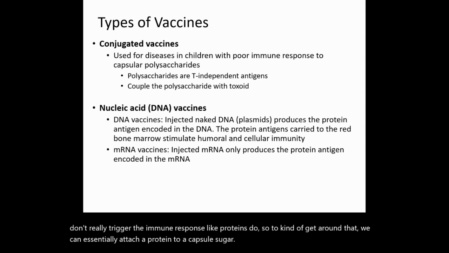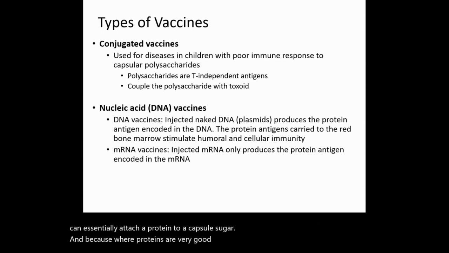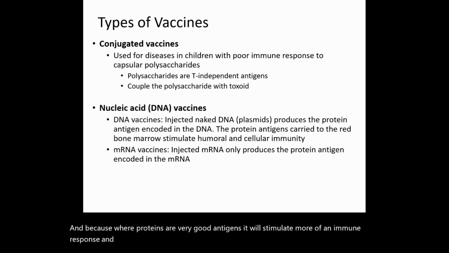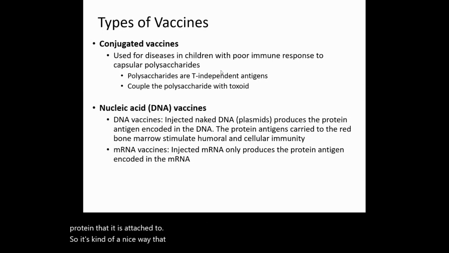And because remember, proteins are very good antigens, it will stimulate more of an immune response. And in turn, our immune system will recognize both that protein, but also the capsule that it is attached to. So it's kind of a nice way that we can get around these pesky little capsules.